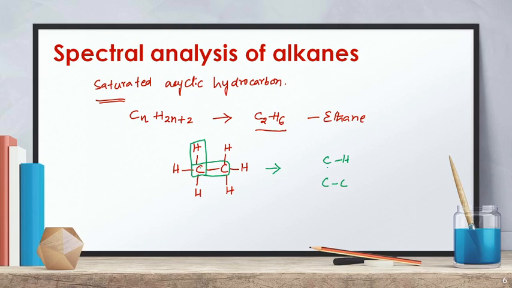So there is again a differentiation. In IR spectroscopy, in which region will CH be present? It is found in the functional group region. So in the functional group region you will find the CH absorption band, and the CC absorption band will be found in the fingerprint region.